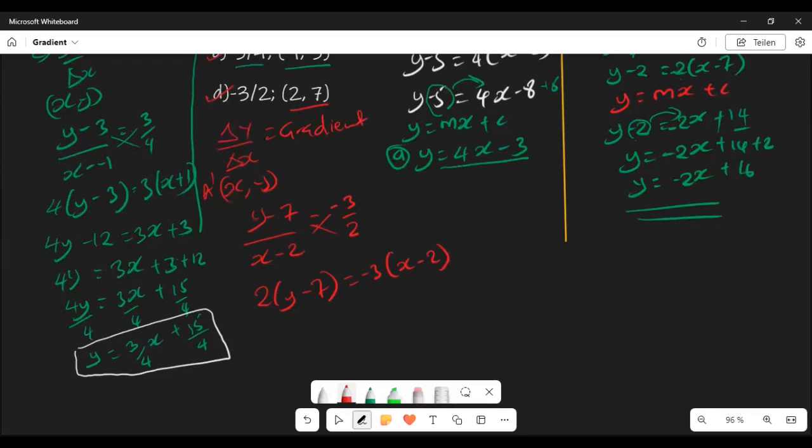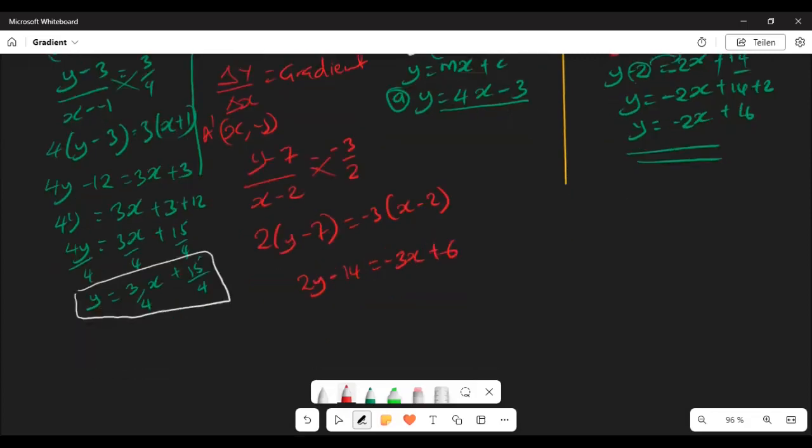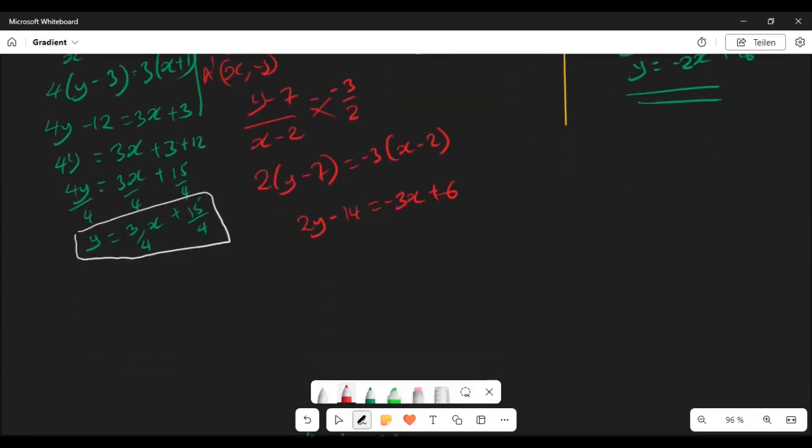Simple. So we have here 2y minus 14 equals minus 3x plus 6. Now, finally, this is negative 14. We want to bring it to the other side so that it becomes positive. So here we can now say 2y equals minus 3x plus 6 plus 14.